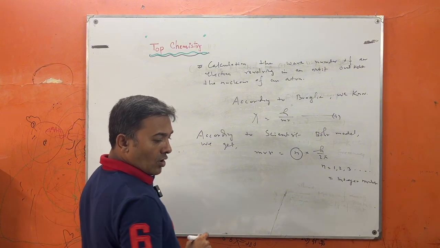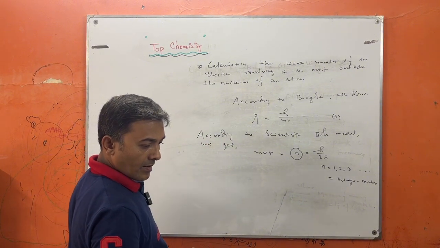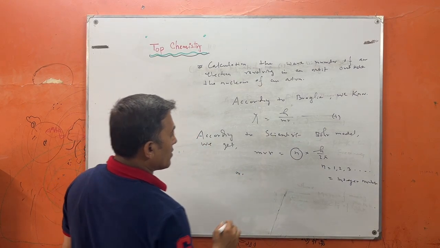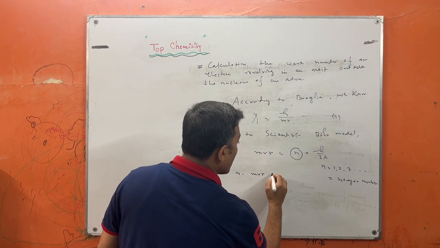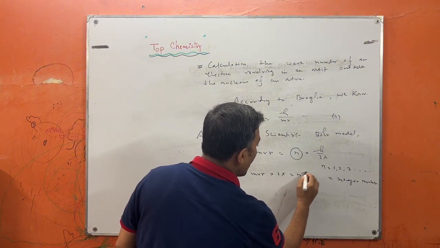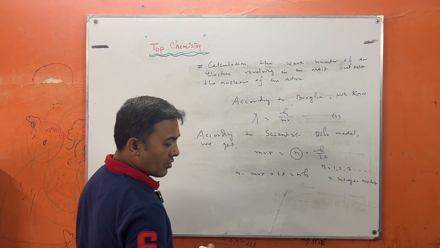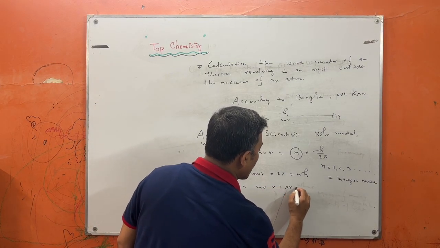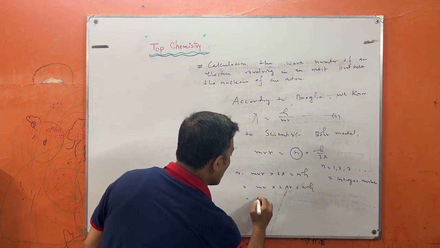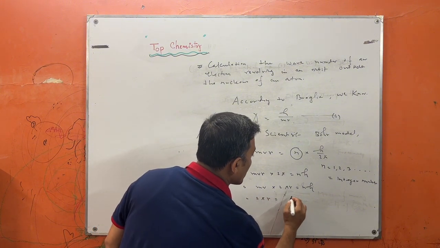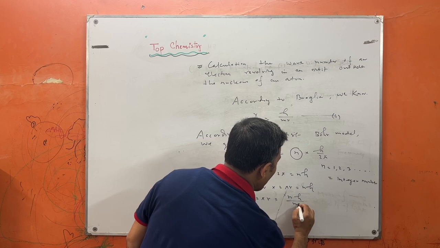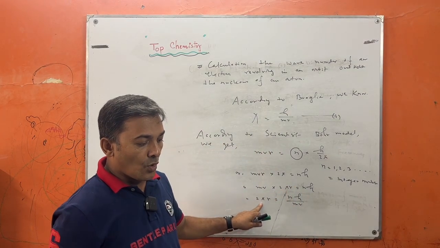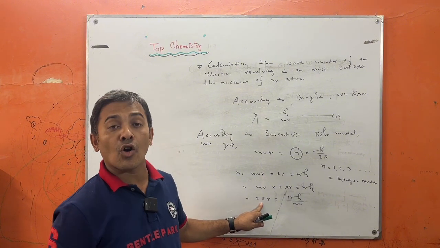Mvr into 2 pi equal to nh, or mv into 2 pi r equal to nh, or 2 pi r equal to nh divided by mv. My dear students, 2 pi r, we know 2 pi r is the circumference of an orbit.